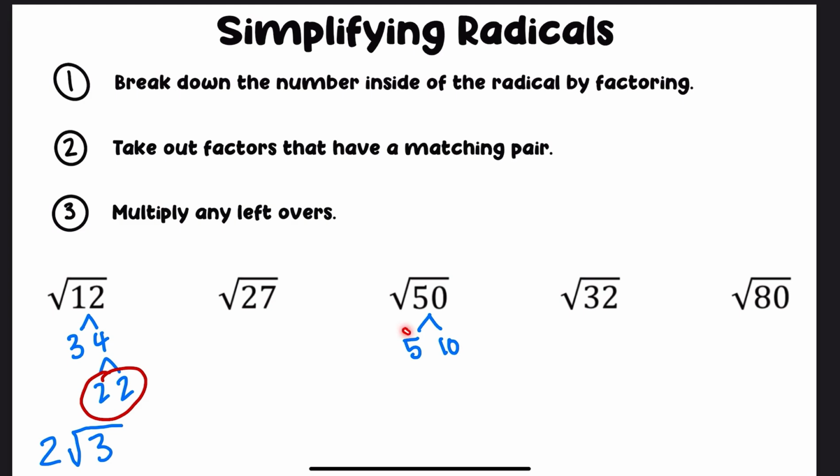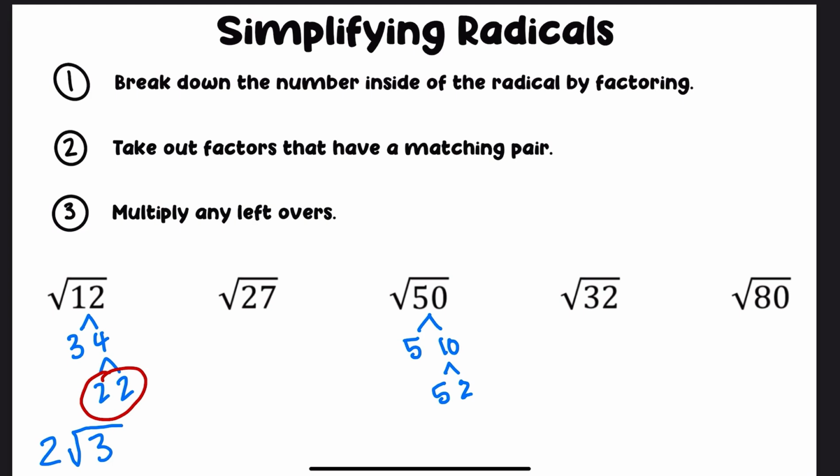I'm looking at this. I'm seeing that my 5 is prime. I can't factor that any further without using 1, so I'm going to leave that alone. But my 10, I can factor further. I know that 5 times 2 will give me 10, and that works. Cool. 2 is prime, 5 is prime, so I can't go any further than this.